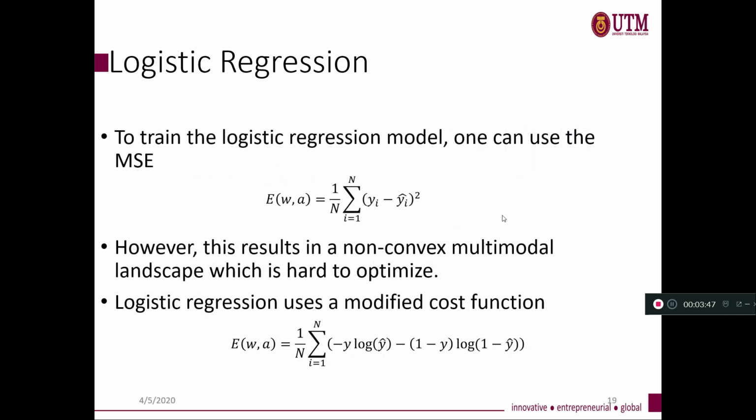This one has been discussed before. Again, when you apply the sigmoid function, for the cost function you can use either MSE like this one, or you can use a maximum likelihood function.